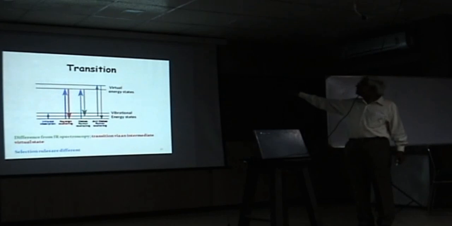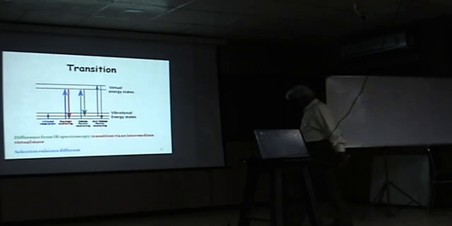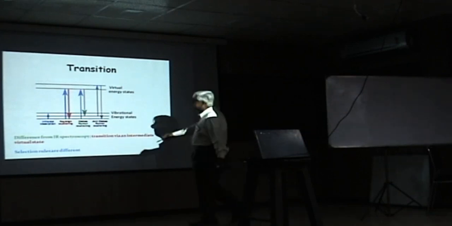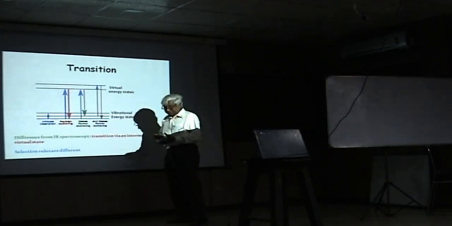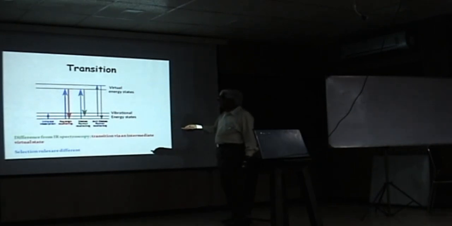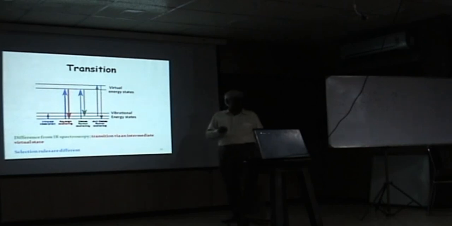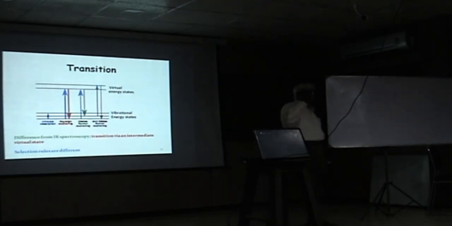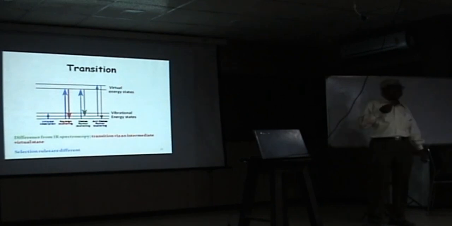And one can represent the transition like this. Suppose these are the vibrational levels. If one goes directly from this state to this state, this is a vibrational transition. This will appear in the IR region. That is, IR light is required to bring about the transition.